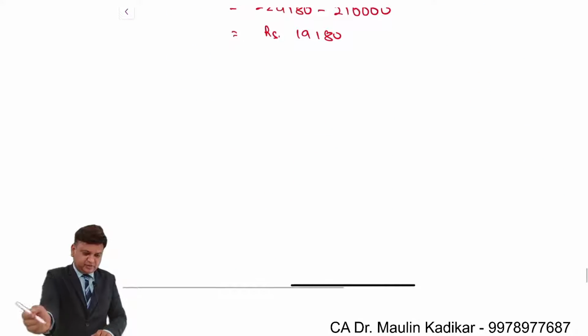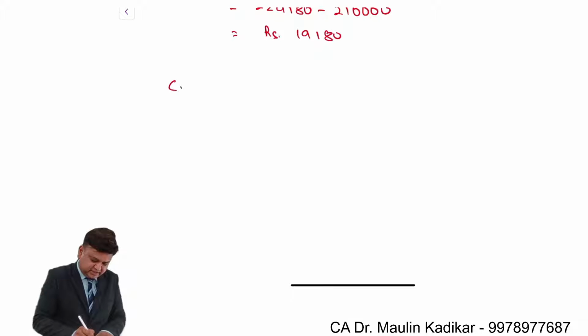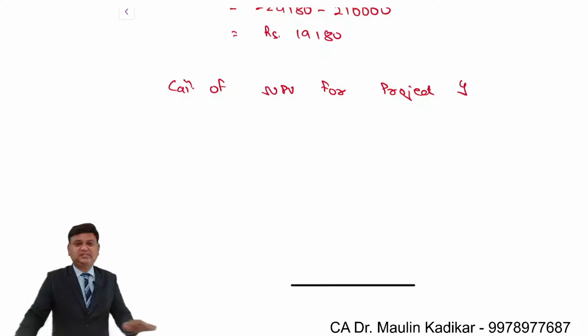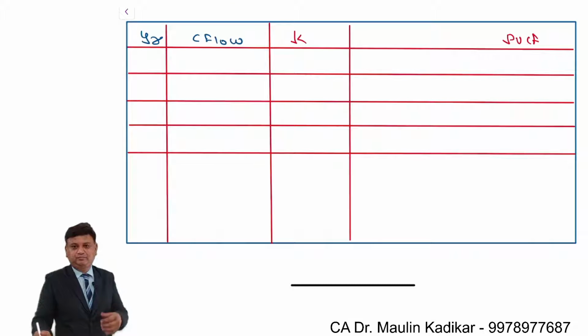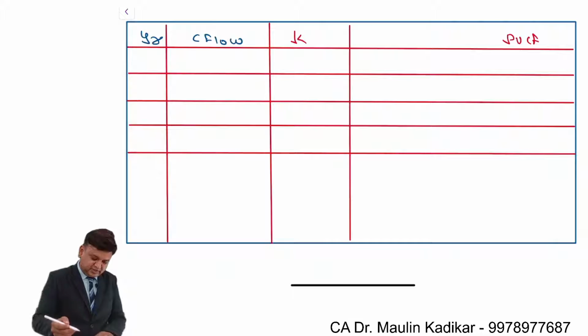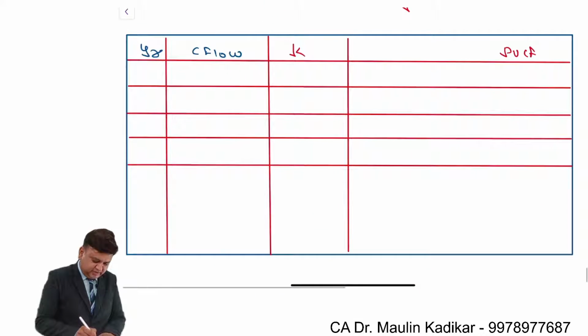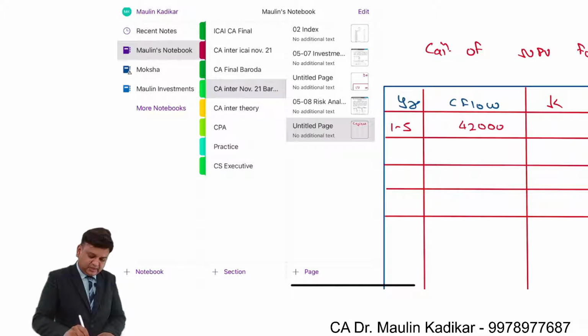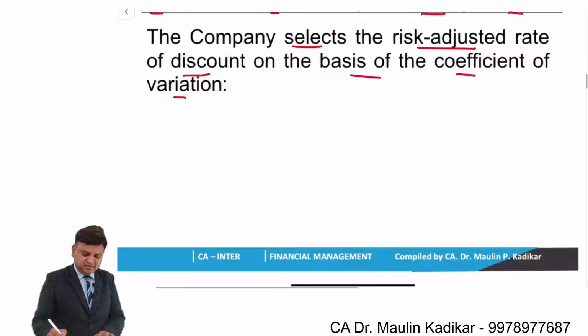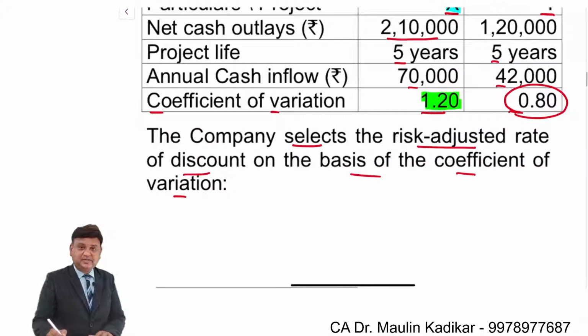Now similarly we will do for project Y. So the heading is calculation of NPV for project Y. This is the next thing that we have to do. Now let us see how we do the answer in case of project Y. Year 1 to year 5, again the recurring cash flow is 42,000. We have been provided that project Y has a coefficient of variation of 0.80.